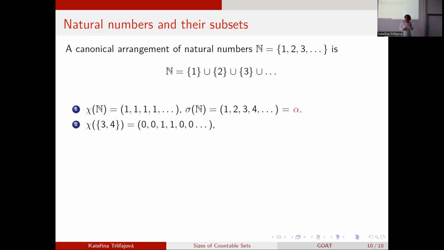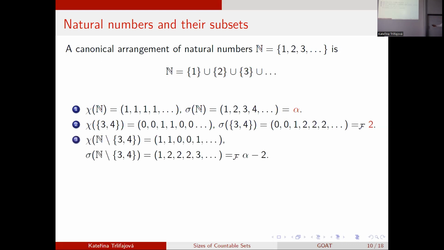For instance, if I take only the two-element set {3, 4}, then its characteristic sequence is 0, 0, 1, 1, 0, etc., because in the first element there is nothing, here also nothing, and only in the third and fourth term is there 1, otherwise it's 0. The size sequence would look like this, and it is eventually equal to exactly 2.